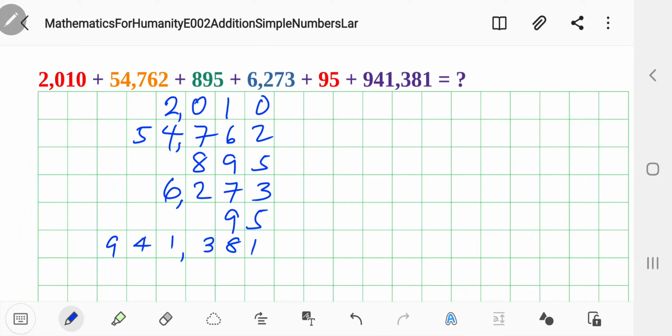A big number, isn't it? And so many numbers to add. So let us calculate this.